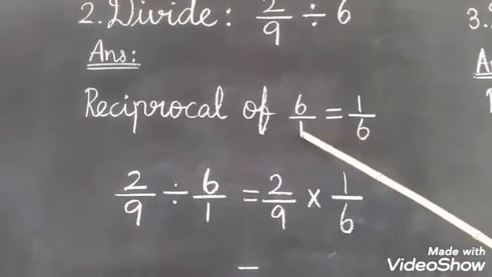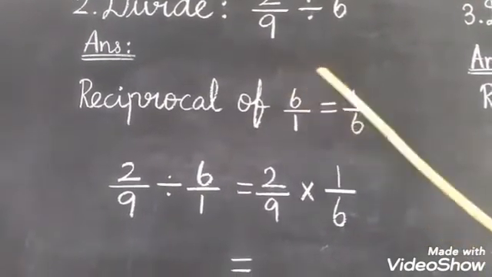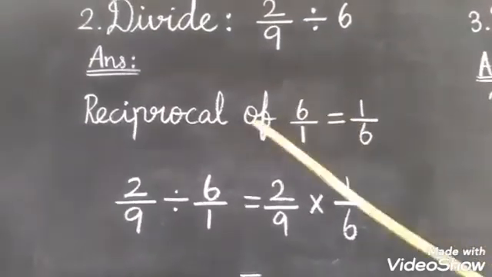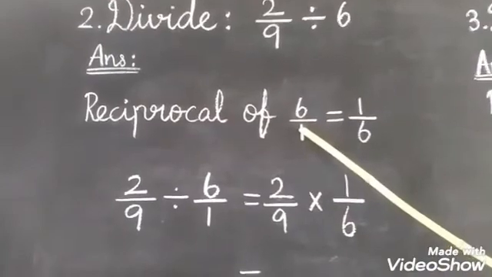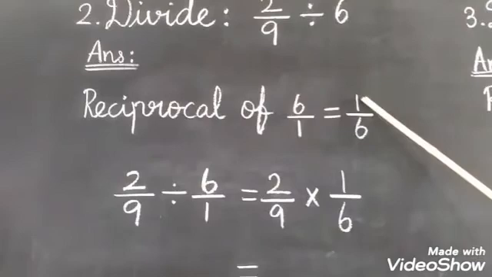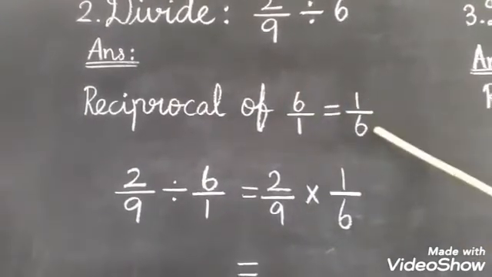Reciprocal means we have to change the places of numerator and denominator. So the reciprocal of 6 by 1, what will come? Yes, 1 in the numerator and 6 in the denominator. So 1 by 6 we get.